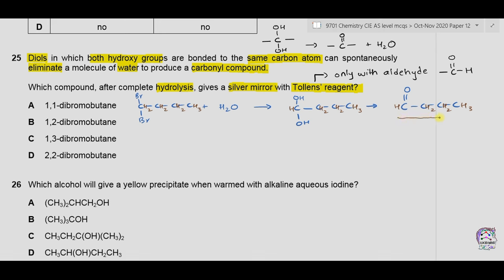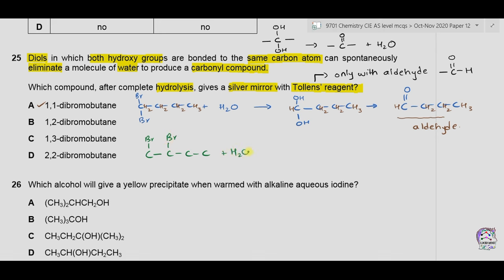As this product is an aldehyde, so it will give a silver mirror test with Tollens reagent. So A could be correct option. B is 1,2-dibromobutane.